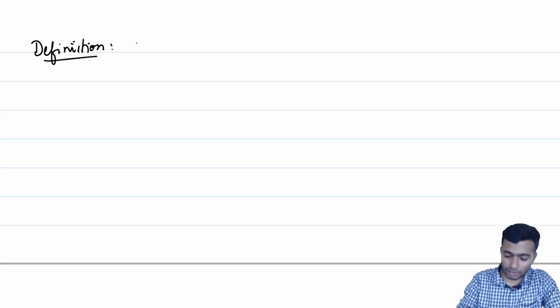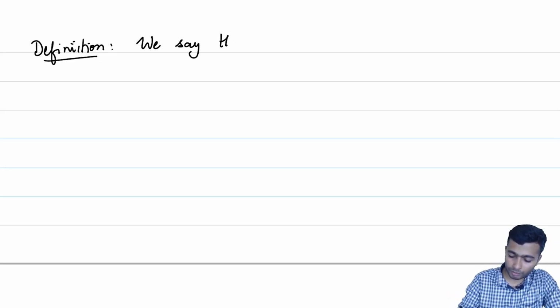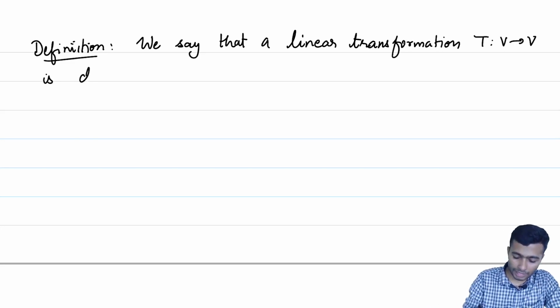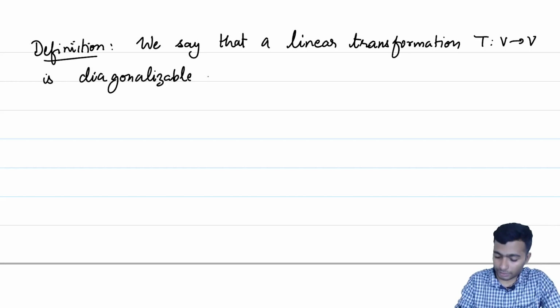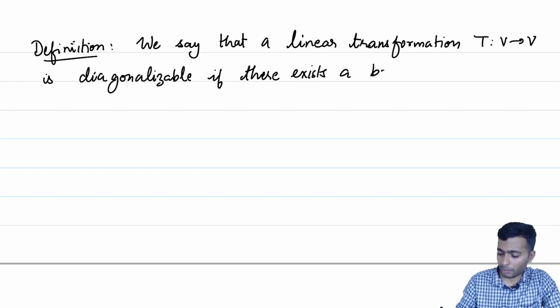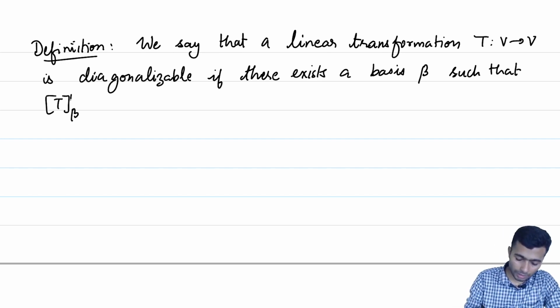We say that a linear transformation T from V to itself is diagonalizable if there exists a basis beta such that the matrix of T with respect to beta is a diagonal matrix.